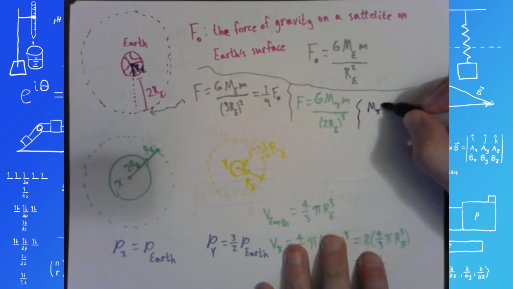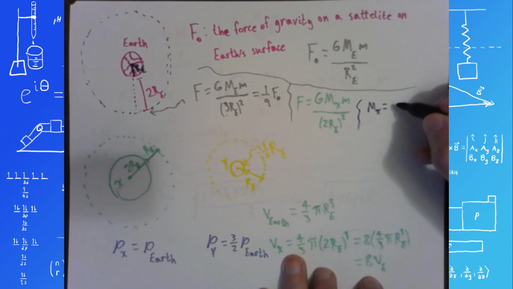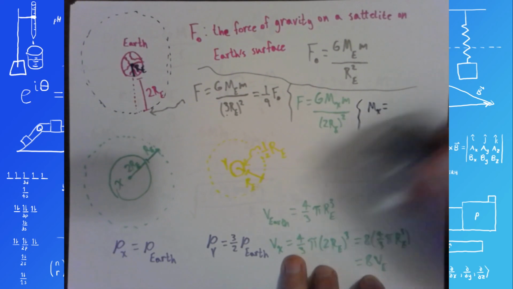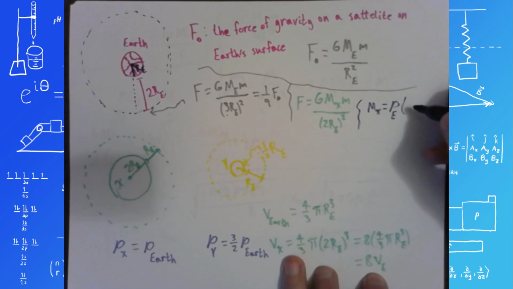Mass of X equals density of X times volume of X, equals density of Earth times volume of X, which is 8 volume of Earth.